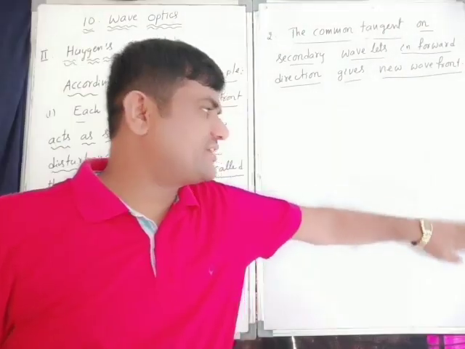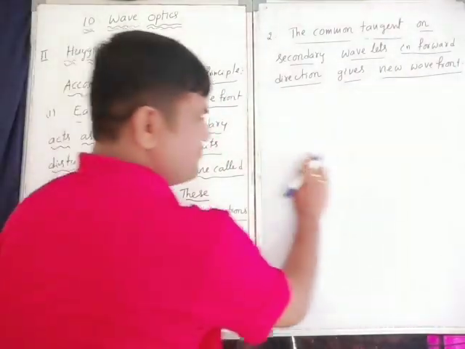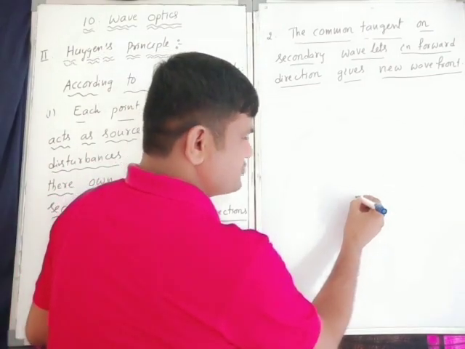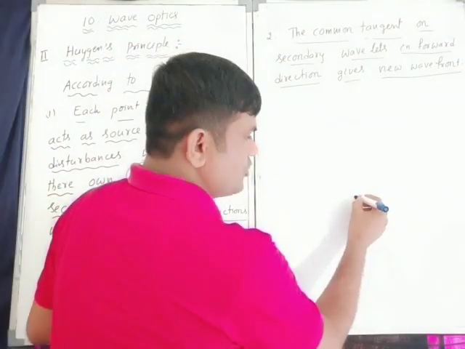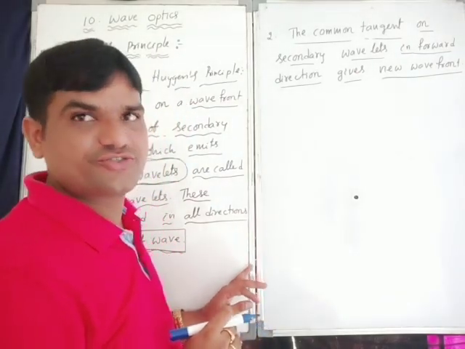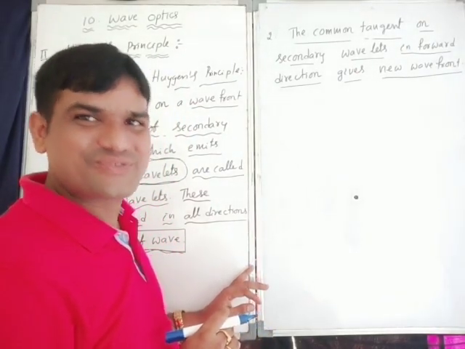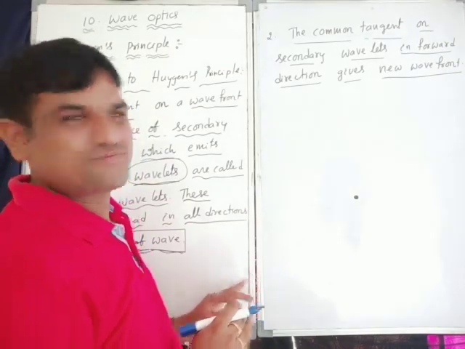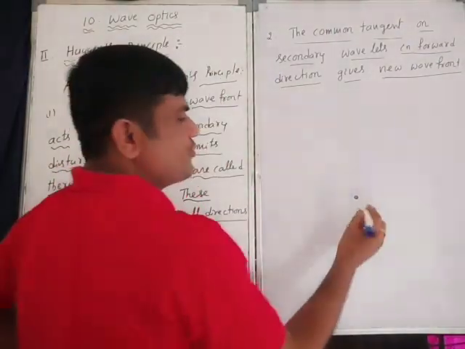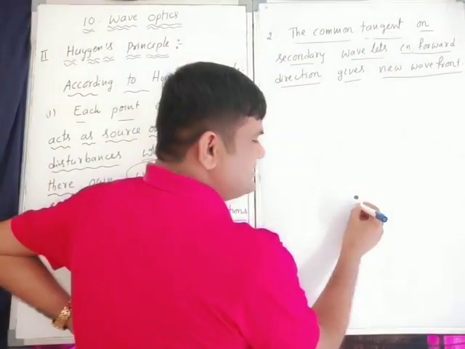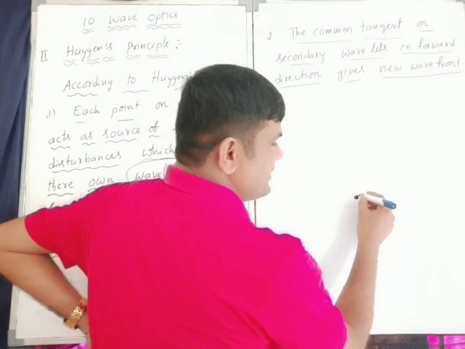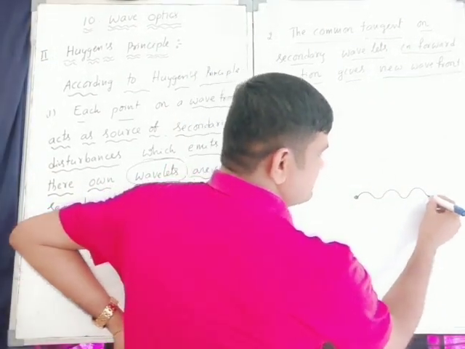For example, here first I will consider a point source. So now this is the point source, that means the primary source of wave. From this primary source, waves can move in this direction.